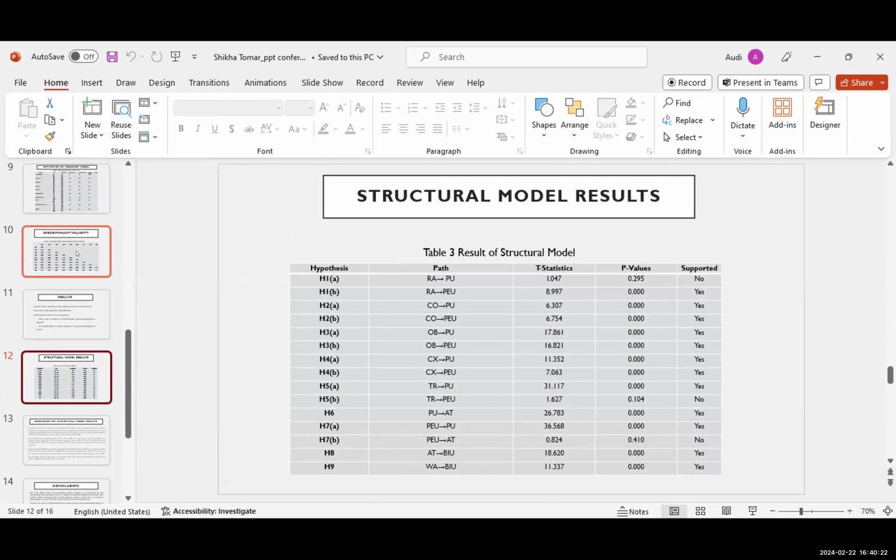Ideally you should mention what your hypothesis is. Okay, sir. Question number 3, you have mentioned that some of the hypotheses are supported and some are not supported, right? Yes, sir. So what did you do with the hypotheses which were not supported? Sir, I will study on this.